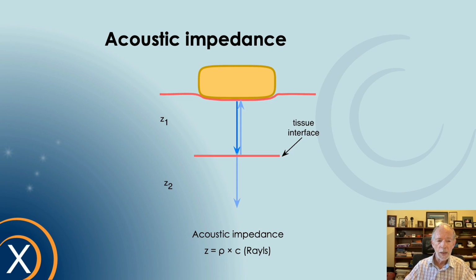So you take the density, multiply by the propagation speed, and you get something called the acoustic impedance, and the units of that are called rayls, which is named after the great British physicist Lord Rayleigh. So if two tissues are different, then in general they will have different acoustic impedance values.